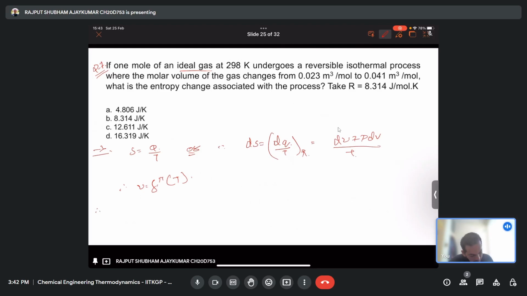Another thing, we have been given a reversible isothermal process. So for an isothermal process, the change in internal energy is 0 and dS equal to P dV by T.